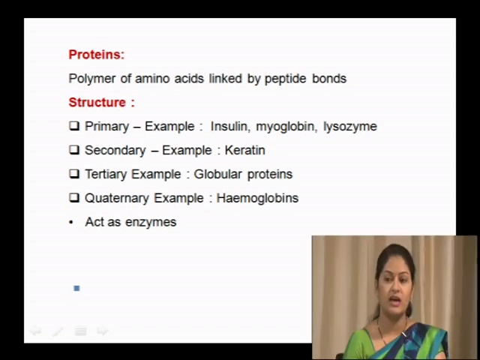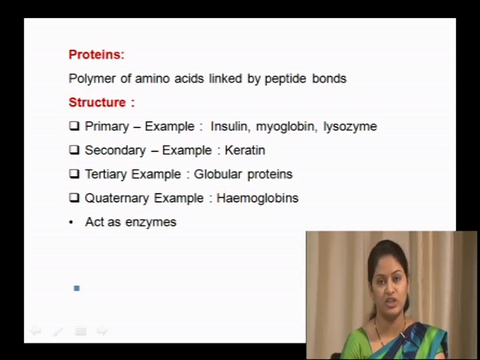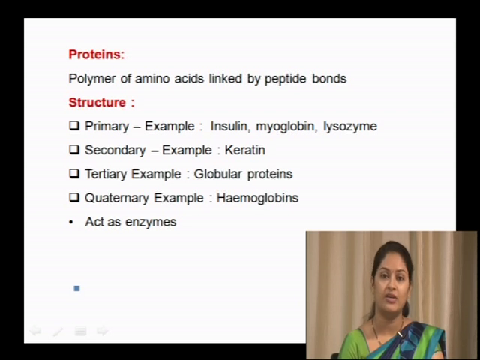In secondary structure, the polypeptide chain is coiled, showing a helical structure. You can include keratin here, the basic protein we have in our hair and nails, and animals have it in their hooves.